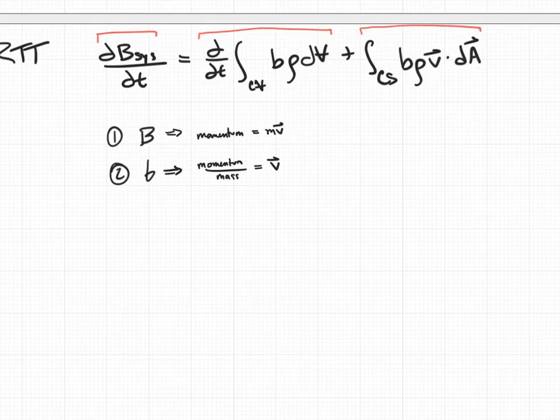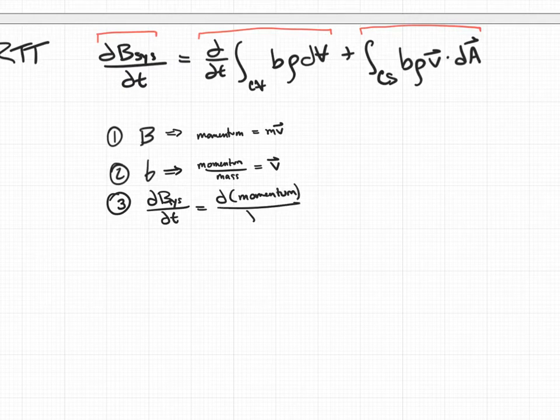Now, the last simplification we're going to do to this Reynolds transport theorem in order to arrive at a momentum equation is this: dB_sys/dt equals the sum of the forces.